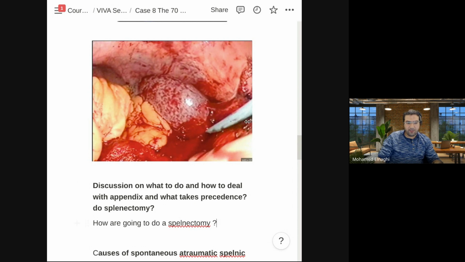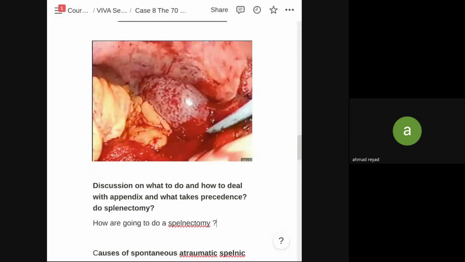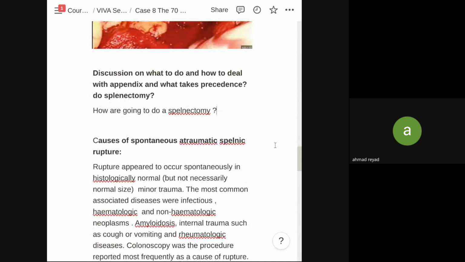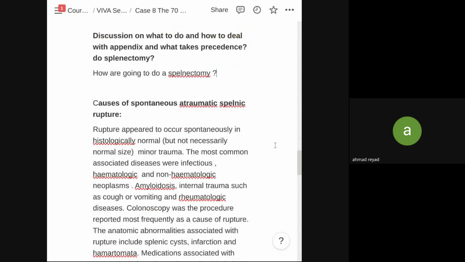Remember as well, the patient came anemic, with an Hb of 95, which has dropped from 140. So still, there is a possibility of a traumatic ruptured spleen, but I can't relate this to the perforated appendix. I'm not quite sure how to answer this.